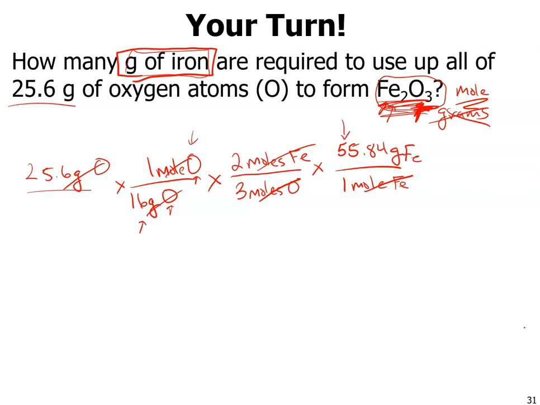Remember, this number is the same as the atomic mass for iron. Now I've canceled out all of my units, and I'm left with the unit I want, which is grams of iron, right? That is what I want. So we multiply this through. That should give me 59.6 grams of iron.